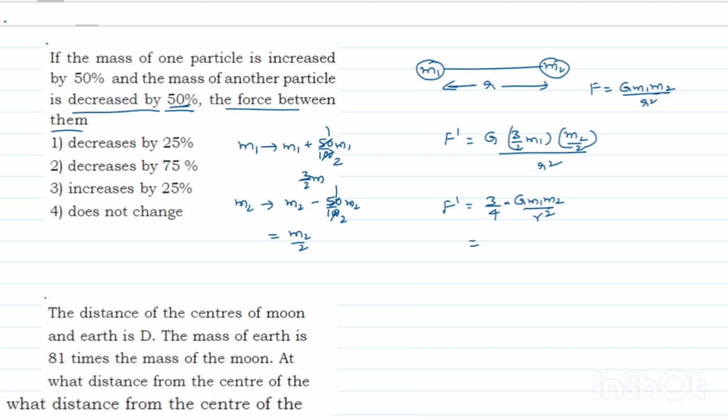Suppose the initial value is 100%, then 3 by 4 into 100 gives 75%. So the answer is 75% of F, the force between them they are asking.